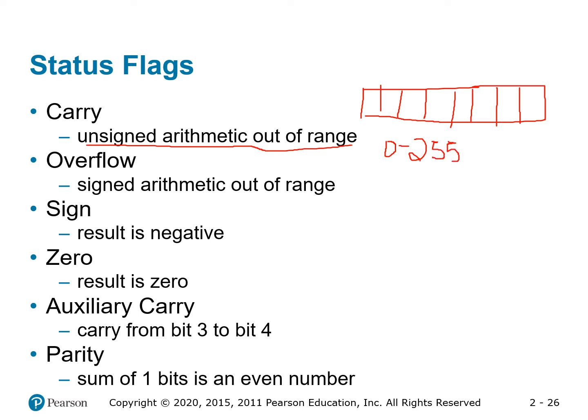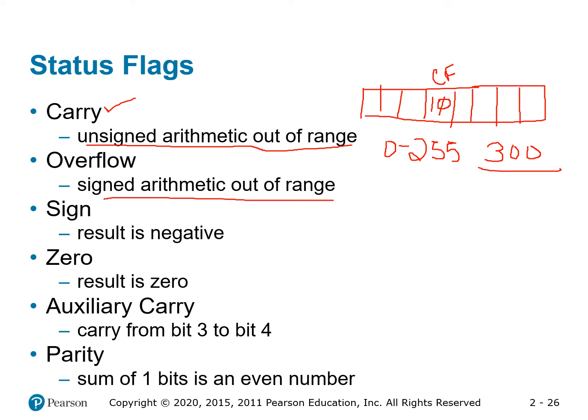So if we go out of range, like if we try to write the number 300 for one unsigned byte, then the carry flag would be set to a 1. Let's say that the carry flag is here, CF for carry flag. At first it would be 0, but since we carried, it would then be changed to a 1.